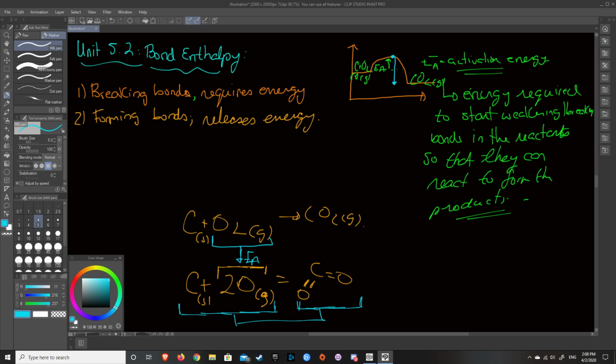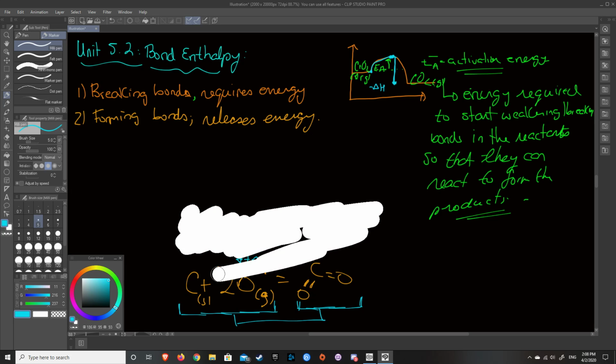Activation energy is from here to the top of the hill. Then the carbon reacting with the two oxygen atoms to form CO2 is from the top of the hill down to the bottom. That's where we get the negative delta H and release some heat. So bond forming is the part from the top to the bottom, and the activation energy is the part from the reactant up to the top of the peak.